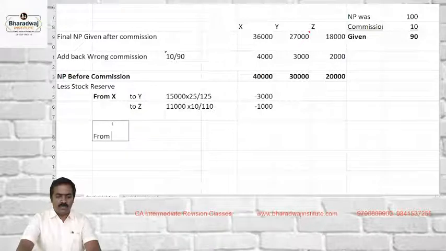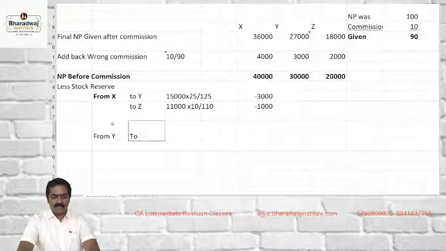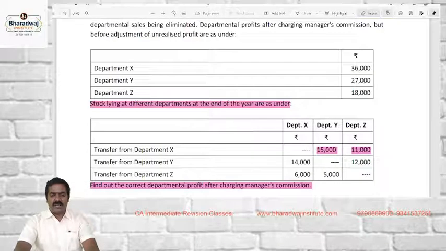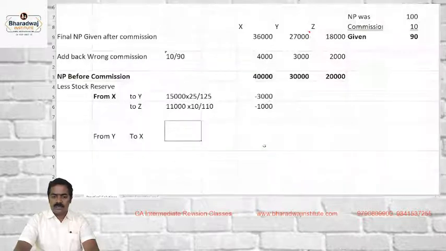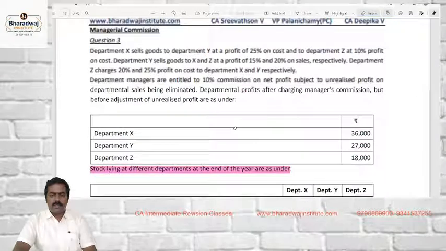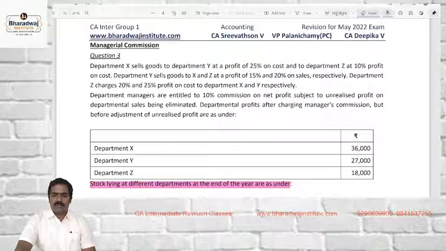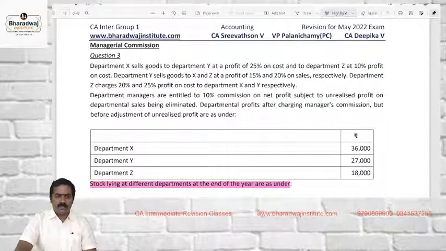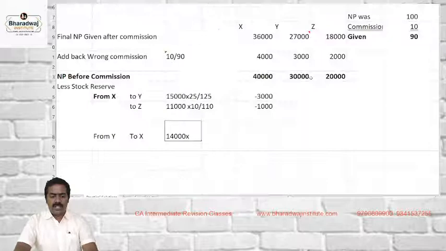Then from Y to X. From Y to X, what is the stock? 14,000. 14,000 into how much percentage? Here, look at. Directly it is given 10%. Sorry, this one. 15% and what? 20% on sales.